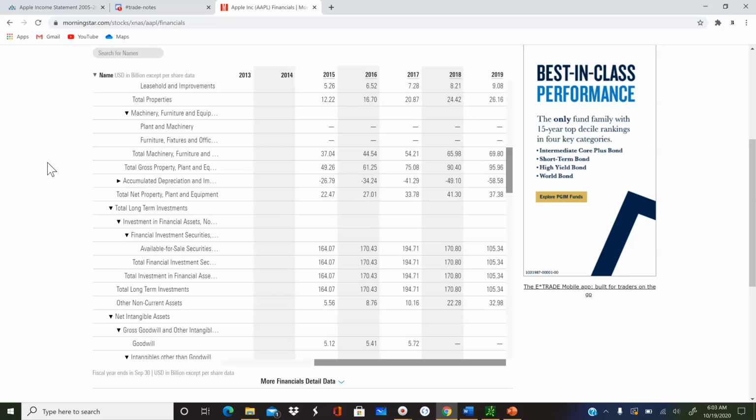The fixed asset turnover ratio just gives you an idea of the efficiency with which the company uses those fixed assets to generate sales. The formula can be a bit more complicated than most of the other ratios that we've discussed in the past. Basically, you take the company's net sales.